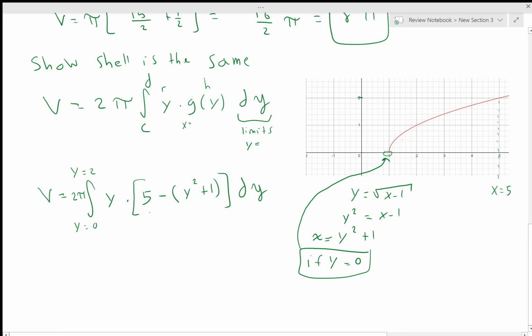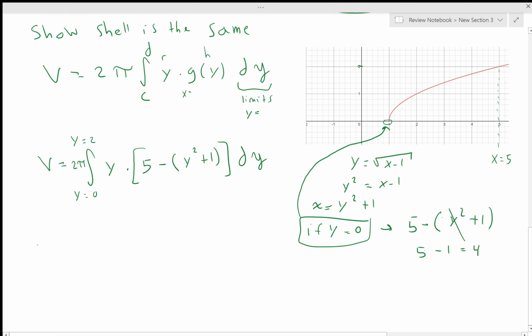It would be 5 minus y squared plus 1, which means y is 0, would be 5 minus 1, which is equal to 4. And we see that that length that we want to slice is indeed 4. So that's how we can double check this. So that's the length of my cut there.